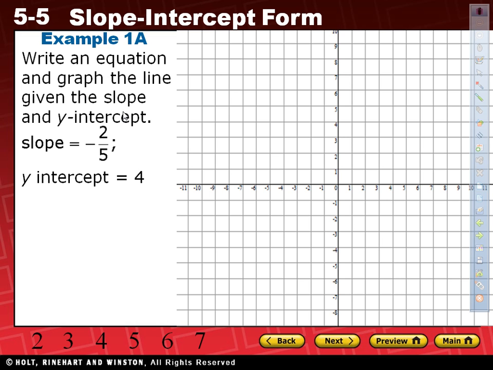Remember, for this first one, we're going to write the entire text and not for the rest. Slope is equal to -2/5, semicolon, and y-intercept equals 4. Copy that. I'll give you guys 20 seconds.